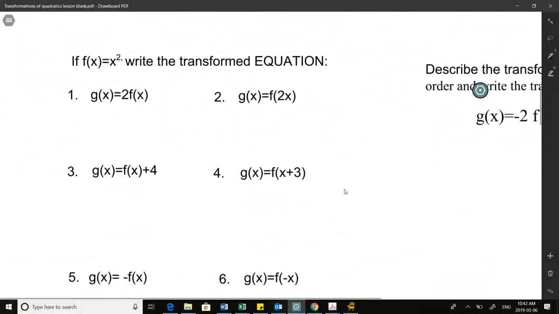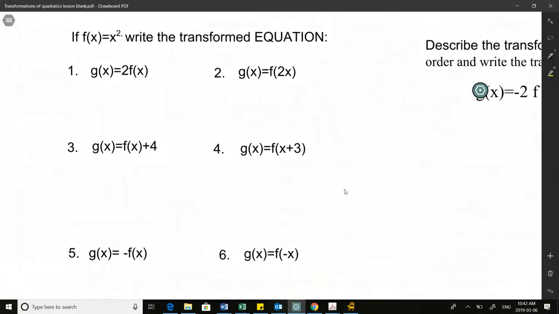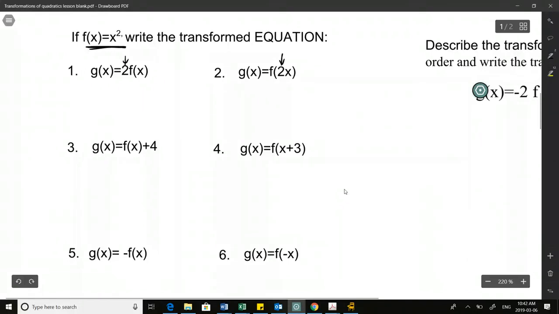Okay. So we are going to write the new transformed equation. We're going to take our parent function and show what it would look like with these specific transformations inside of that parent function. The f of x represents that parent function, so we're just going to merge those two functions together. So the 2 for number 1, what is this value?